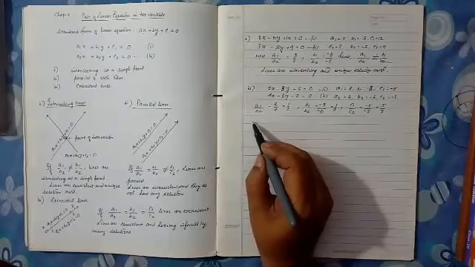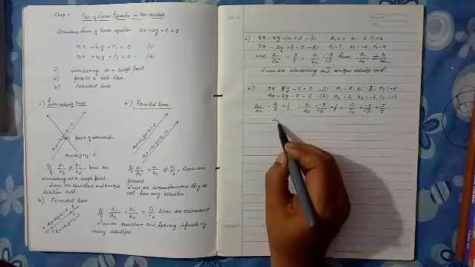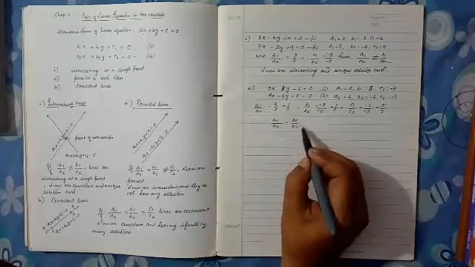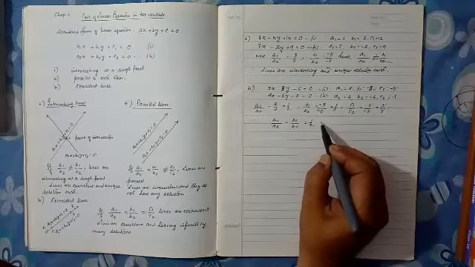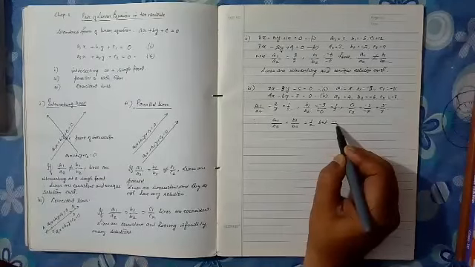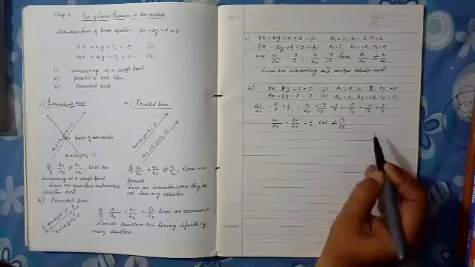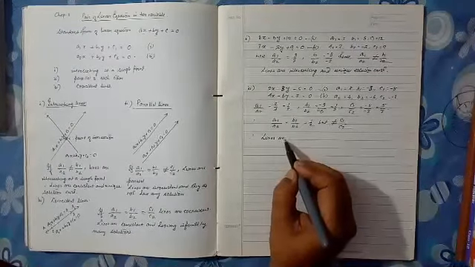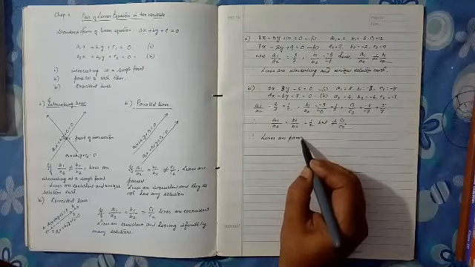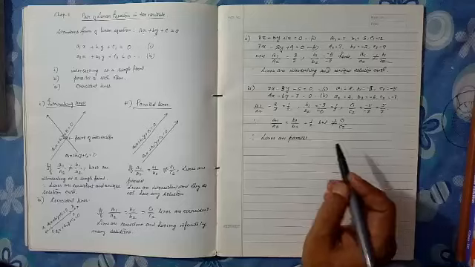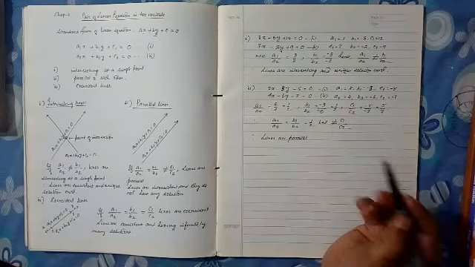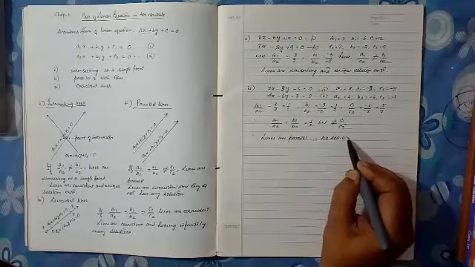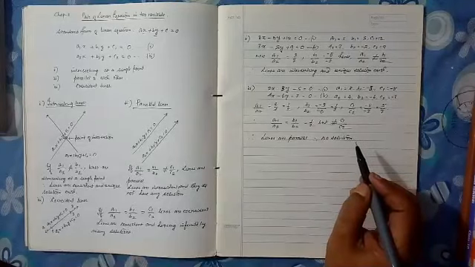So we have a1 by a2 is equal to b1 by b2, which is half, but not equal to c1 by c2. Therefore lines are parallel. As the lines are parallel, there is no solution. No solution means lines are inconsistent.